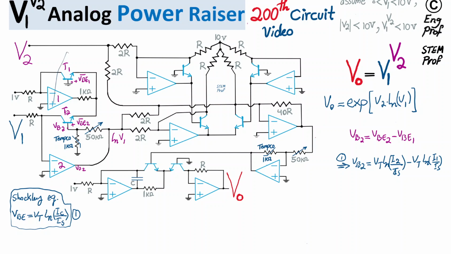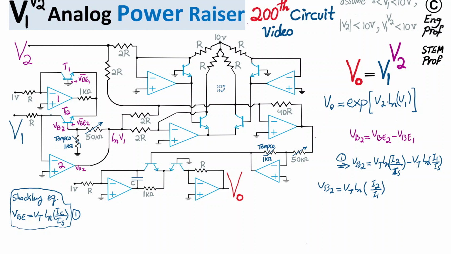As I said, these two transistors are matched, so they have practically the same VT and the same saturation current. That's the assumption. Now, because of the properties of logarithm, I can write VB2 is equal to VT natural log of I2 over I1. The two IS cancel out each other. We get rid of the dependency on IS, which is heavily temperature dependent, and we get this outcome.